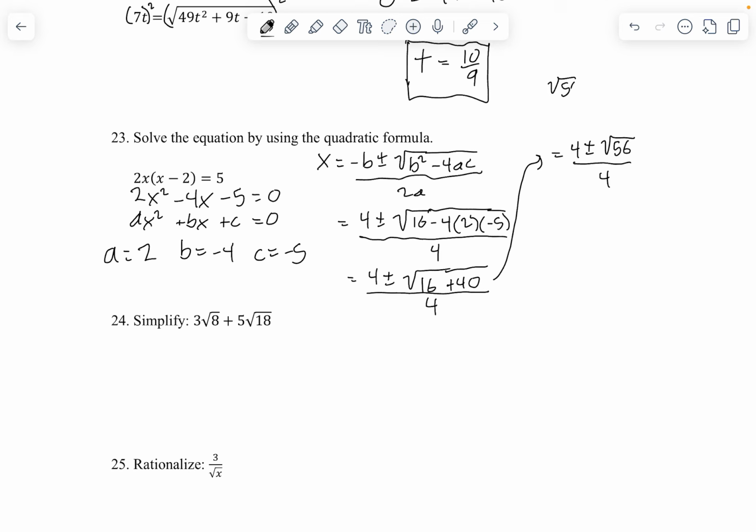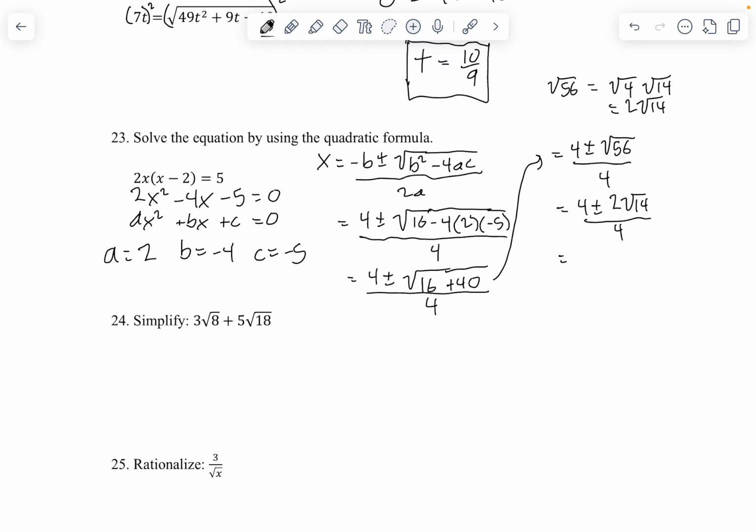Just do a little side note up here. Square root of 56 is equal to the square root of 4 times the square root of 14, because 4 times 14 is 56. Of course, the square root of 4 is 2. So that becomes 2 times the square root of 14. So this is equal to 4 plus or minus 2 times the square root of 14 over 4.